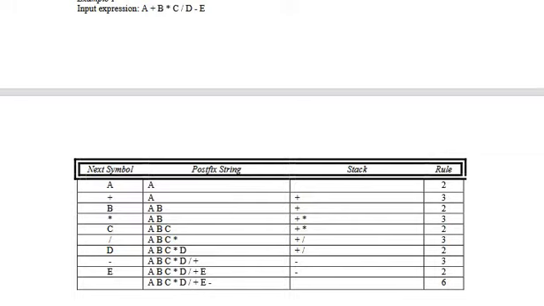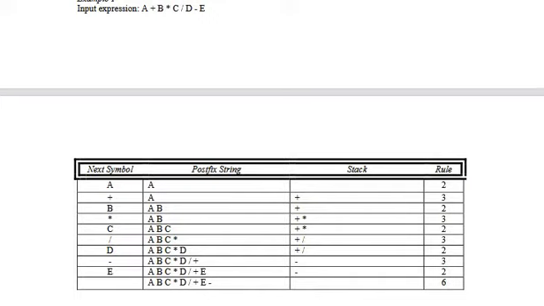You are with A, so A is added to the postfix string, and the next symbol is placed in the stack. Next is B, appended to the postfix string, and we have the multiplication symbol, which is placed within the stack, and then C and division. Look at this division.